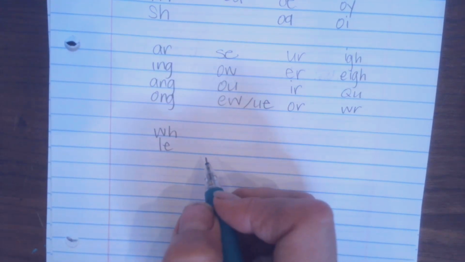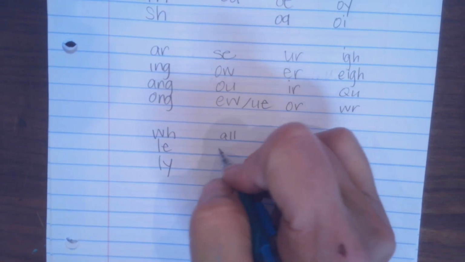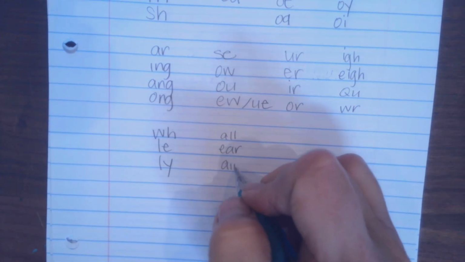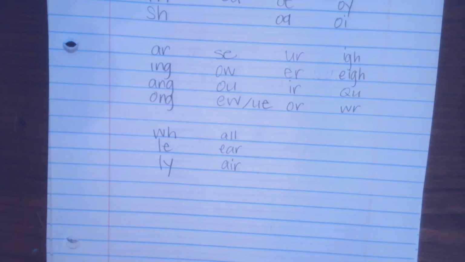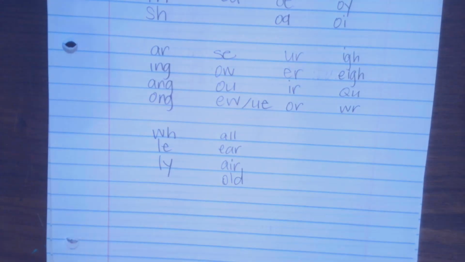LE makes ul. LY makes li. AL makes all. EAR makes ear. AIR makes air. And OLD makes old. So those are all your blends.